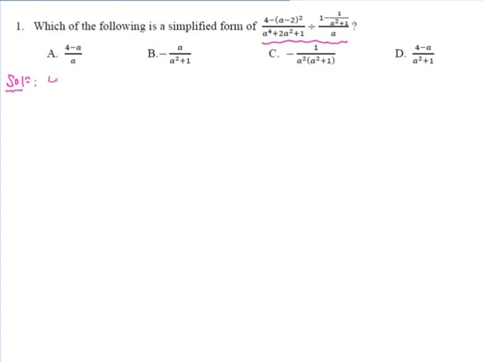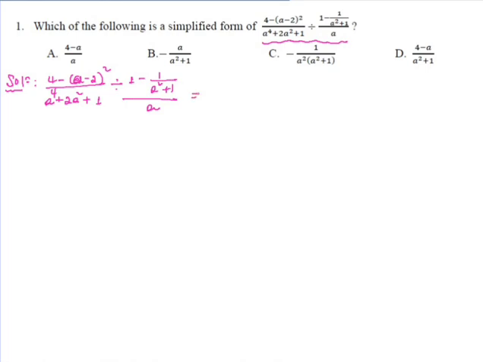That means 4 minus (a minus 2) the whole square over a to the power of 4 plus 2a squared plus 1, divided by 1 minus 1 over a squared plus 1, the whole over a.